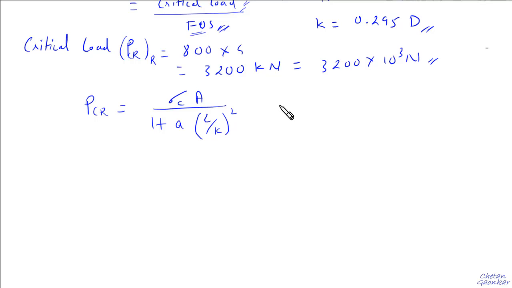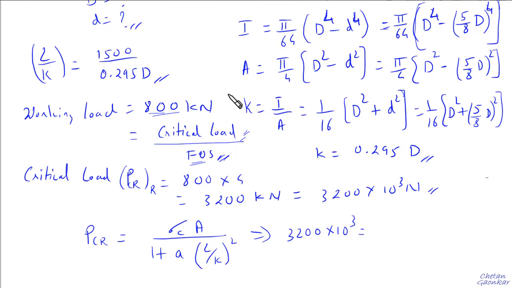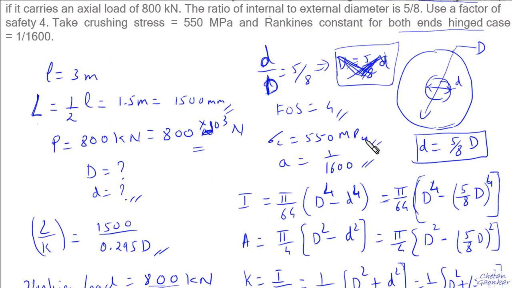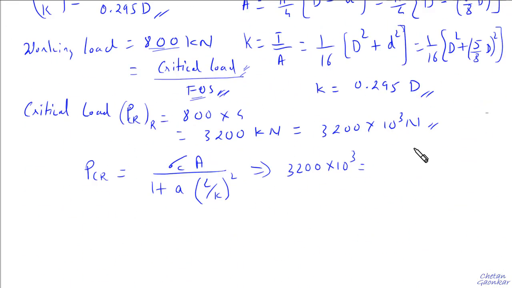Alright, so here we have to substitute all of these quantities. PCR we know is 3200 multiplied by 10 to the power 3, equal to sigma C, the crushing stress, which is given to us as 550 megapascals.